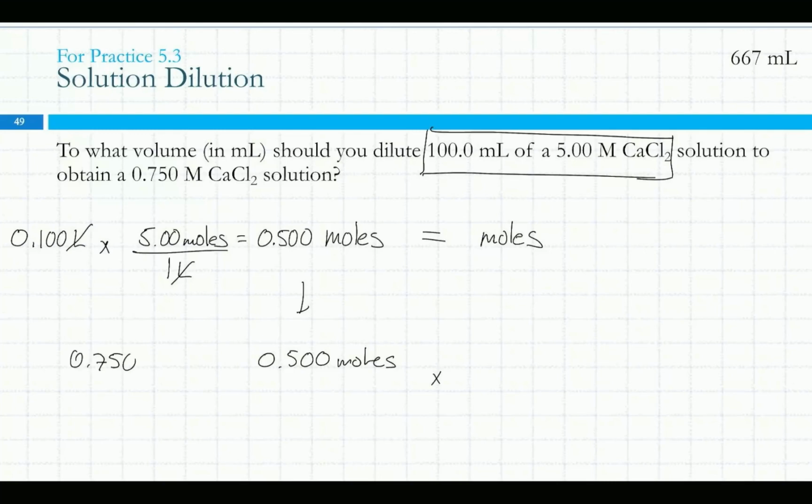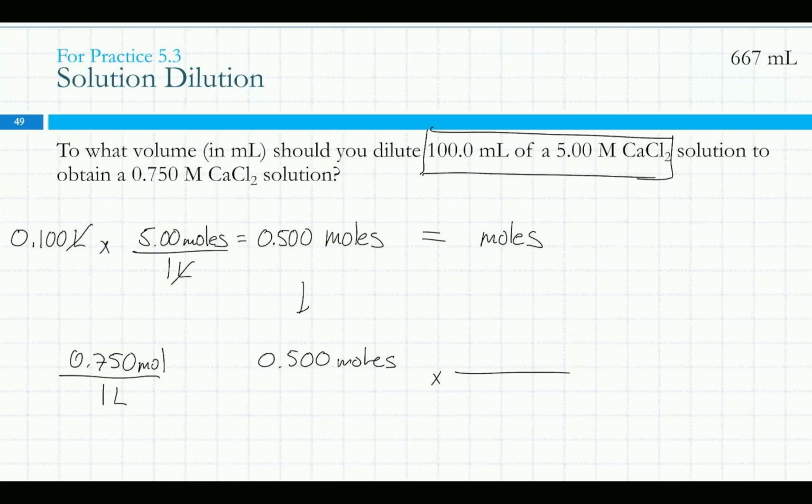If I rewrite this as 0.750 moles per 1 liter, this is a conversion factor. If I know how many moles I'm starting with, I want to convert that into liters. How do I use this to convert to liters? Just flip the conversion factor.